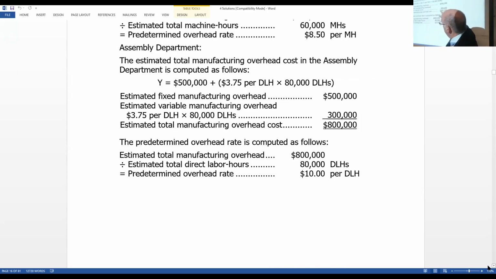The total then, 800,000. And if the total is 800,000, and that's for 80,000 direct labor hours, $800,000 divided by 80,000 units gives you $10 per direct labor hour. So every hour somebody works in assembly, you add $10 to overhead in the assembly department. That's what that means.